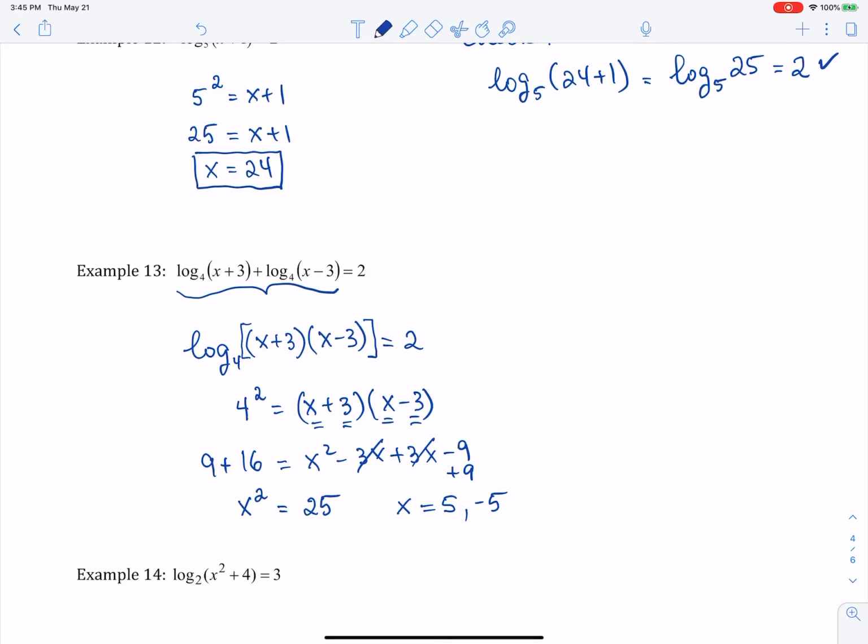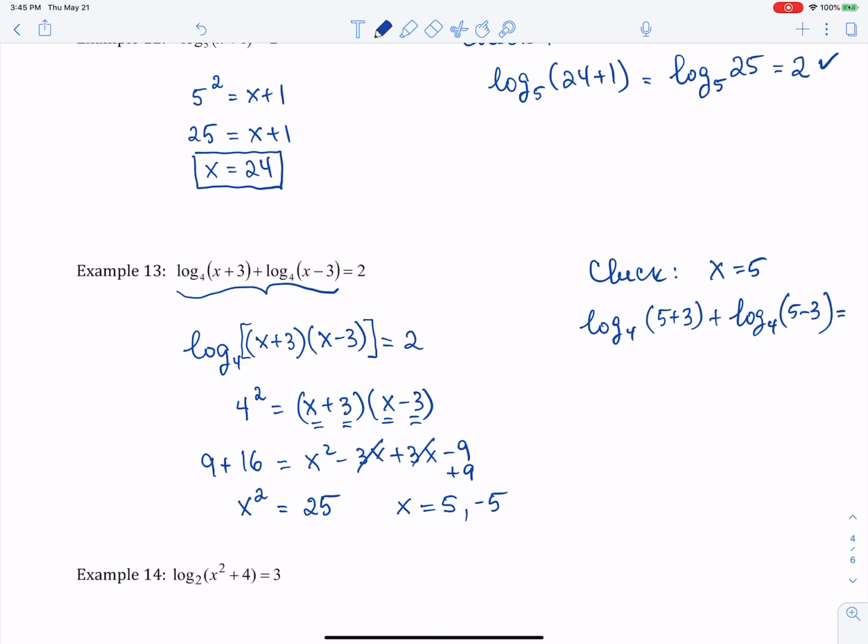Let's check if those are possible. Check. For x equal to 5, logarithm base 4 of 5 plus 3 plus logarithm base 4 of 5 minus 3.